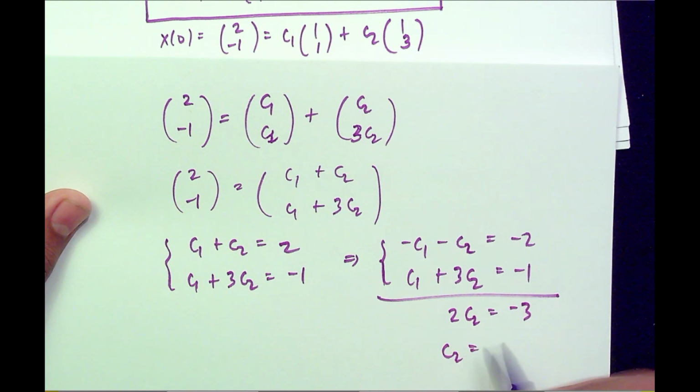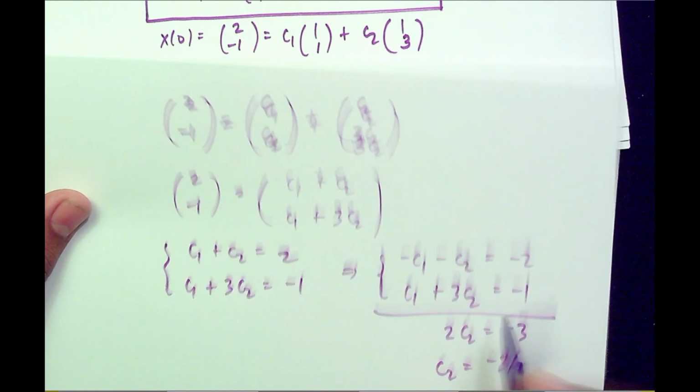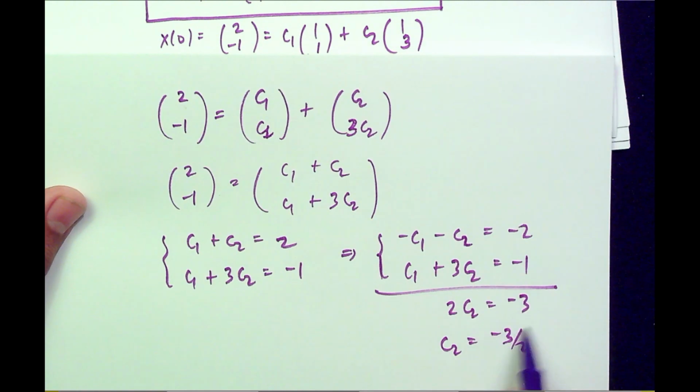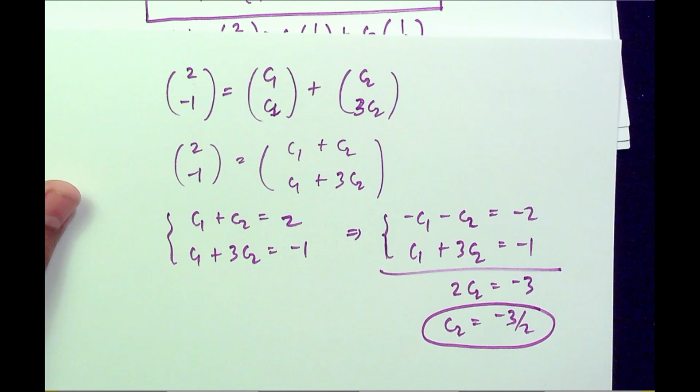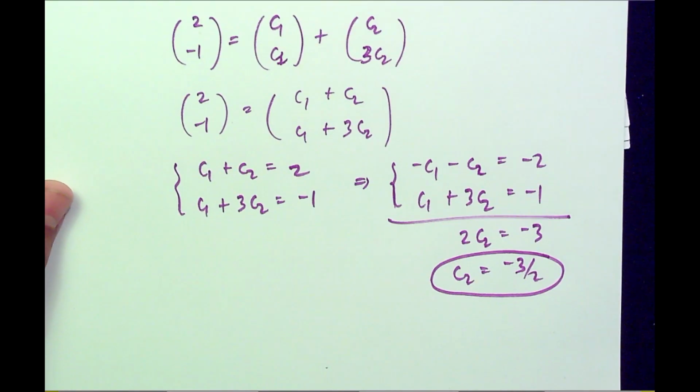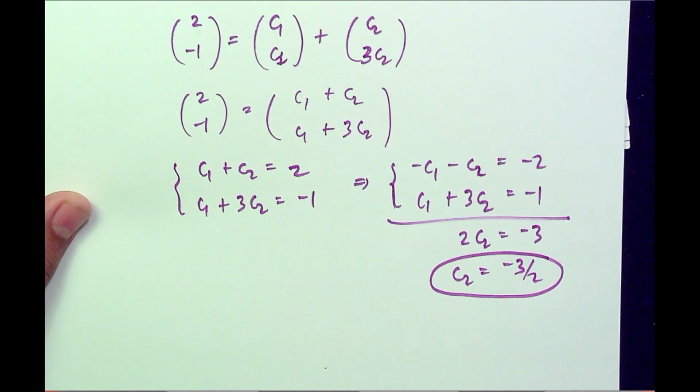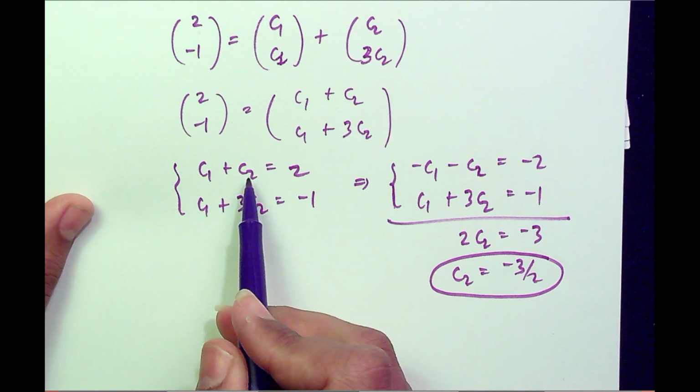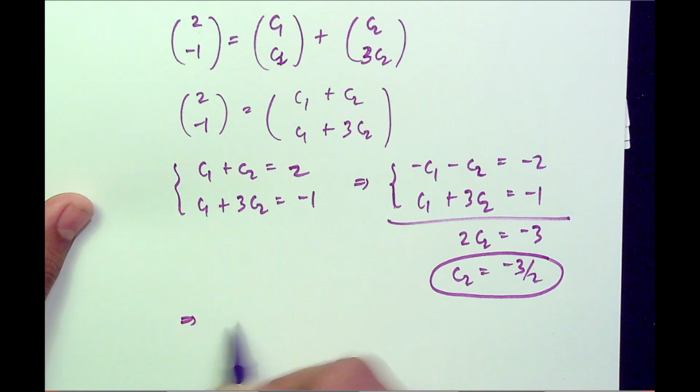So that means c2 equals negative 3 halves. Once you have that, you can plug it back in here and figure out c1.